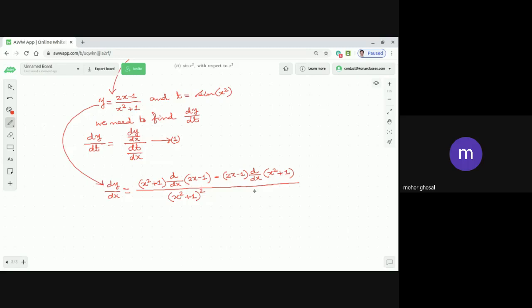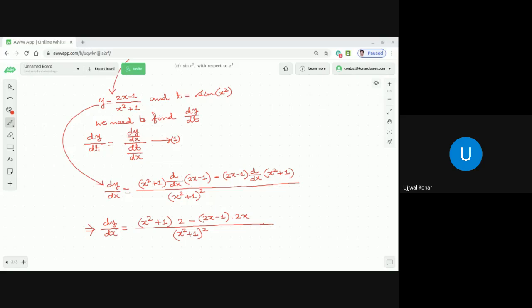So this implies dy/dx equal to, over x square plus 1 whole square, x square plus 1 into d/dx of 2x minus 1, which is nothing but 2, minus of 2x minus 1, and d/dx of x square is nothing but 2x. Correct or not?